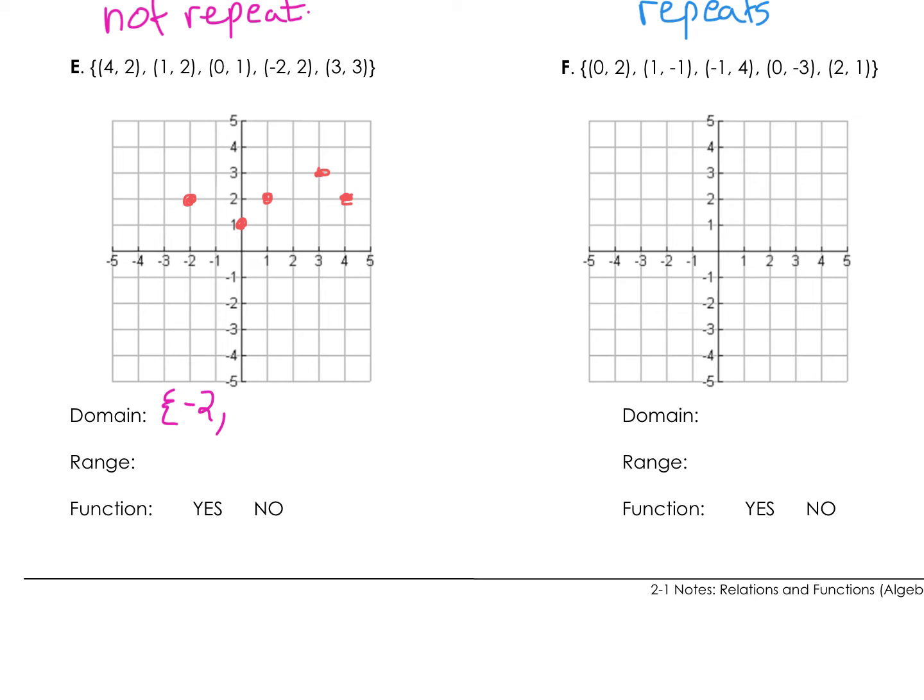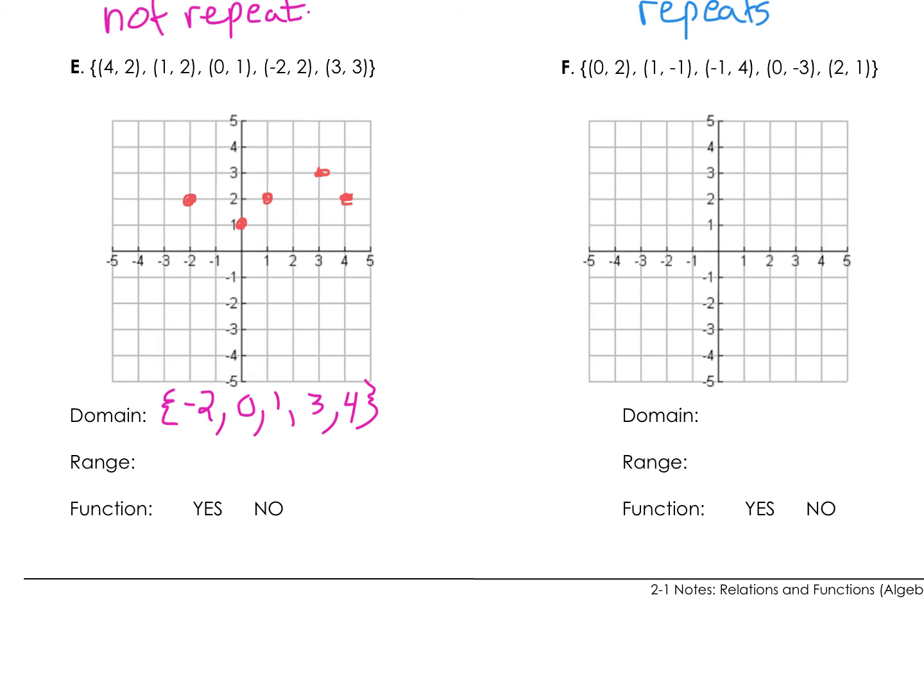That's an x value of 0. And then the next point I come to is right here. That's an x value of 1. And then the next point I come to is right here, so that's an x value of 3. And then the final point that I come to is right here. The x value of that is 4.